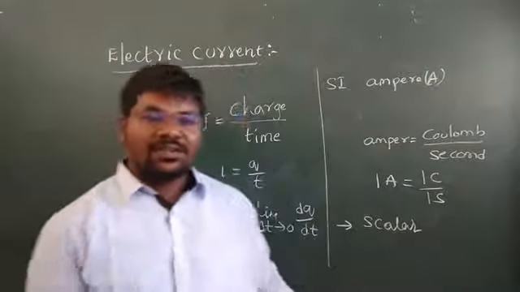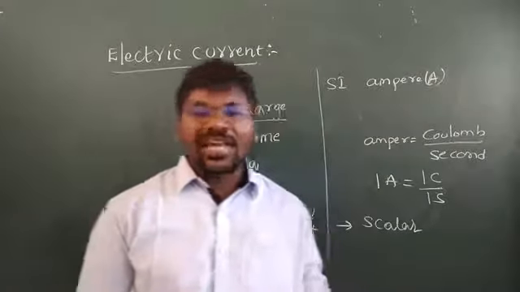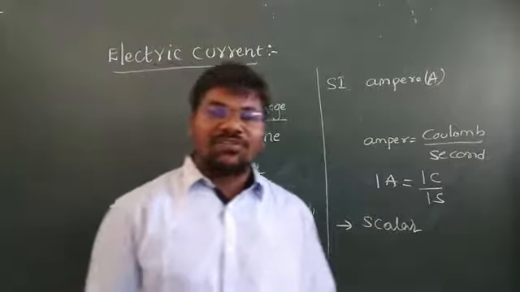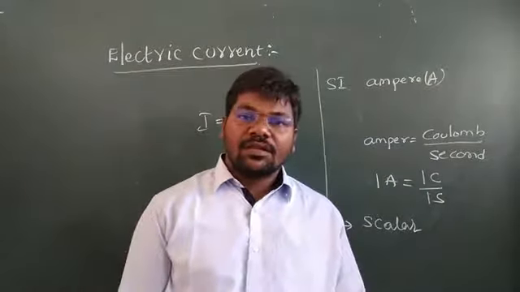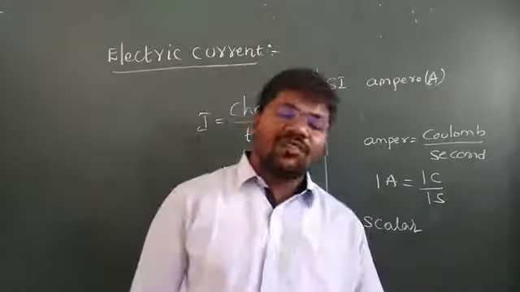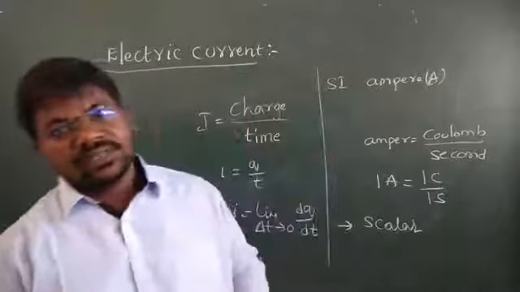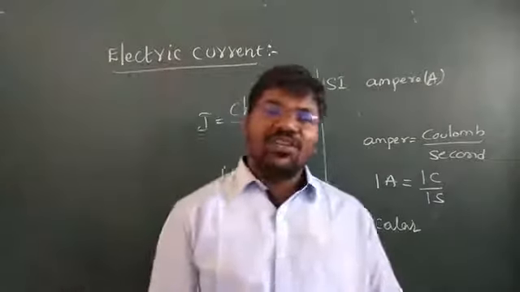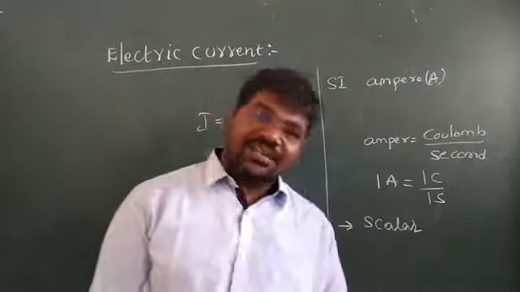What is a scalar quantity? What is a vector quantity? A scalar quantity is defined as a physical quantity having only magnitude, not direction.